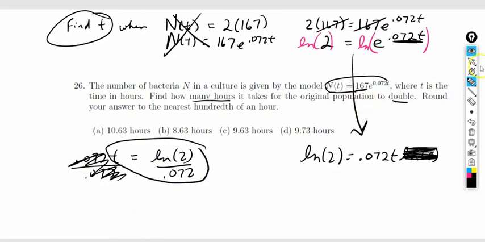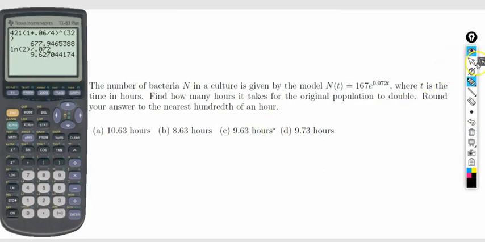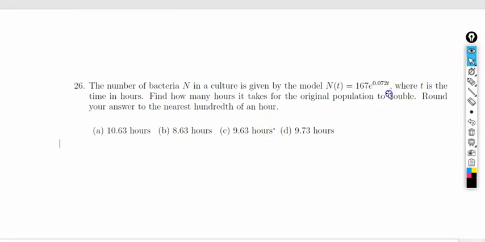And so that's what you put in your calculator. ln of 2 divided by 0.072. Okay, and they're all taken to 2 decimal places, and we can see here that that's 9.63. So the answer is C. The answer to 26 is C.